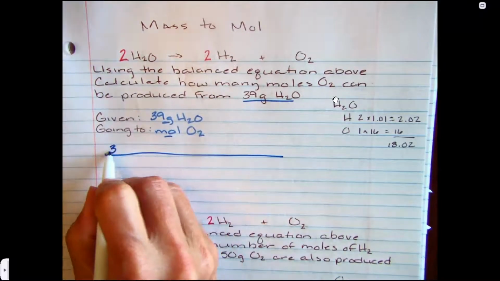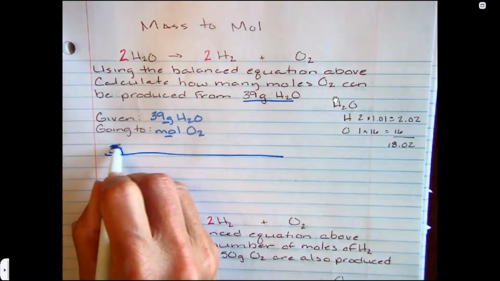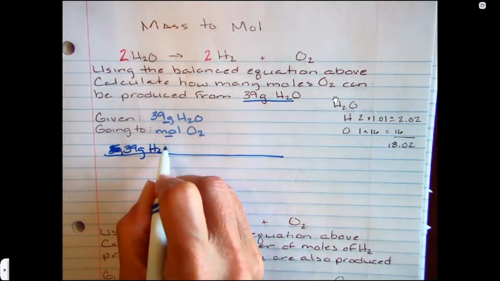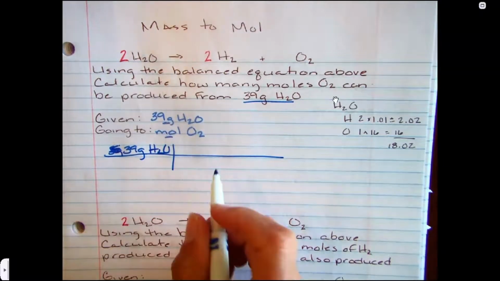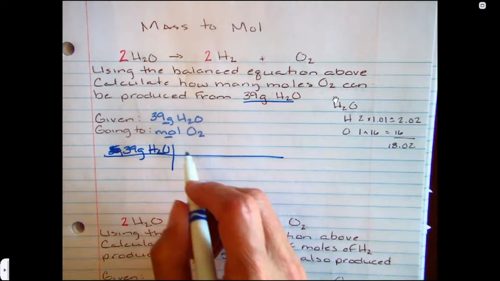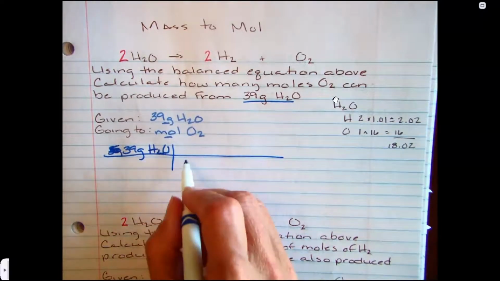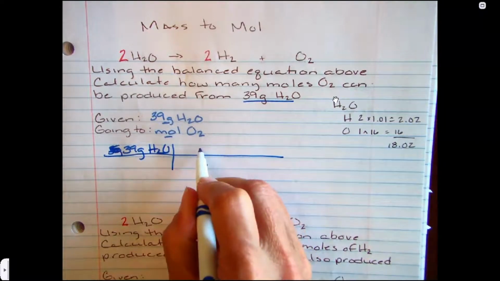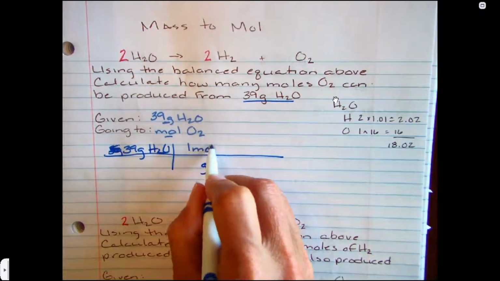So we start with 39 grams H2O. But in this next section, we're doing like we did before spring break, which was now we have to convert this to moles. In order to convert to moles, we know that the grams has to go on the bottom and 1 mole goes on top.